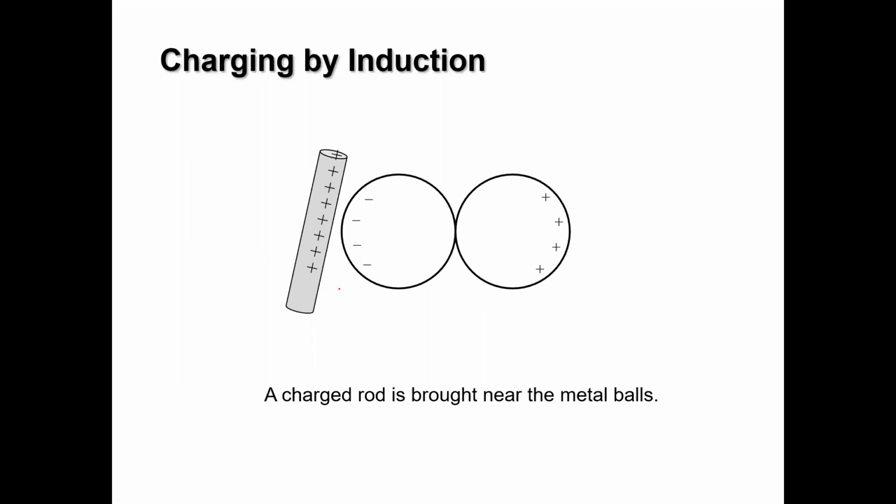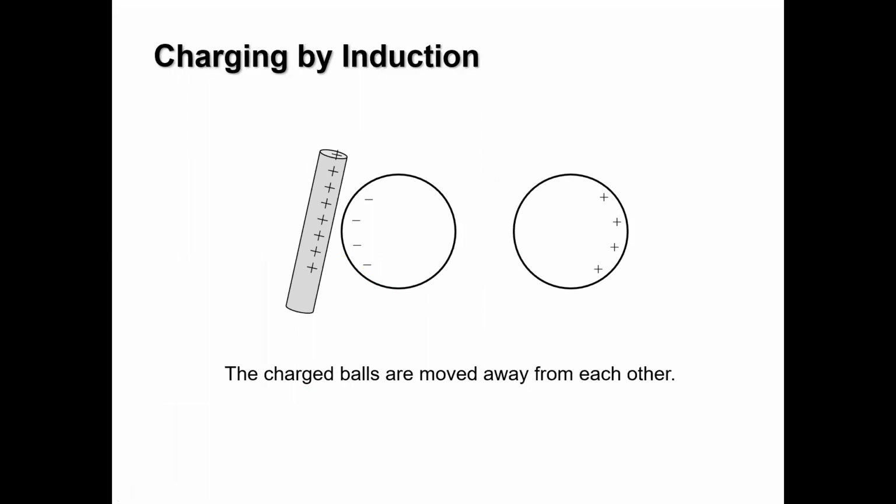There is attraction between positive and negative, and there is repulsion between positive and positive. Now if you separate the metal balls, the positive charge will remain on the one on the right side, and the negative will remain on the one on the left side.